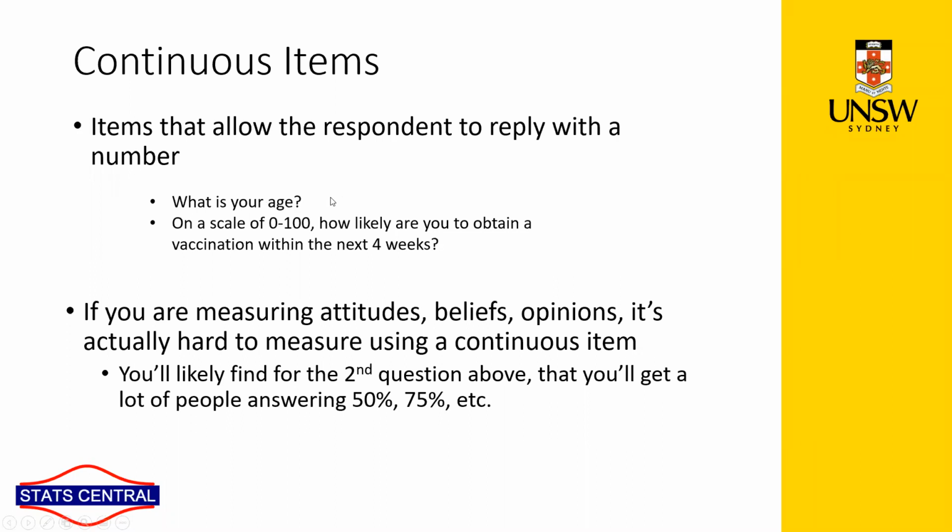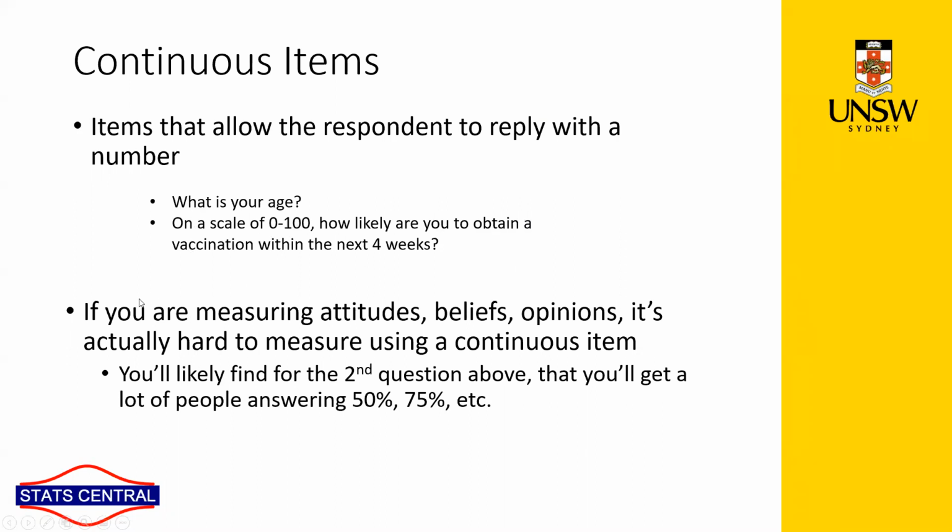You might also have an item, something like, on a scale of 0 to 100, how likely are you to obtain a vaccination within the next 4 weeks? So you're trying to get at what's the probability of them going to get their vaccination in the next month.